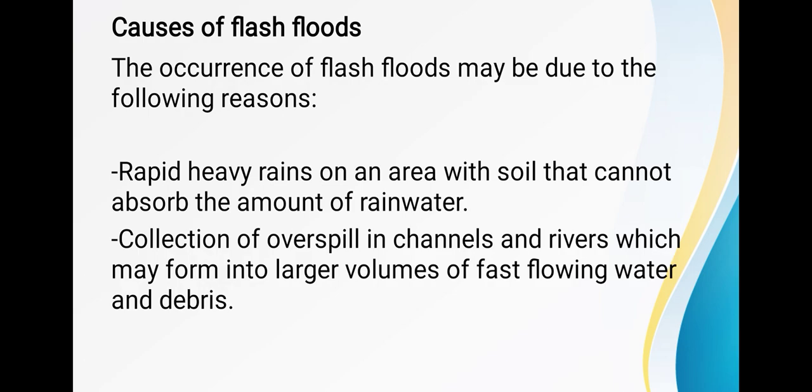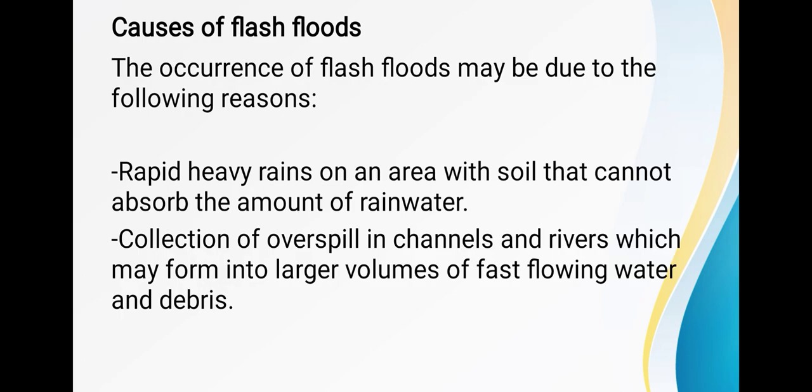First is rapid heavy rains on an area with soil that cannot absorb the amount of water. So remember, during our last discussion regarding sinkholes, I mentioned to you that there are certain types of land where water cannot penetrate. This is an example of this one. Second is the collection of overspill in channels and rivers which may form into a larger volume of fast flowing water and debris.